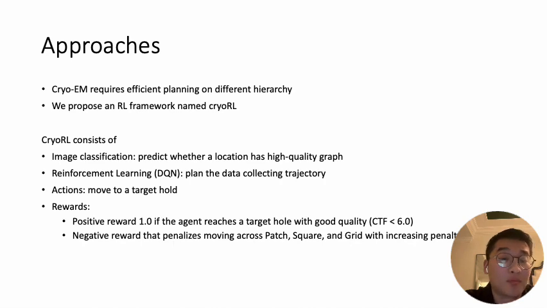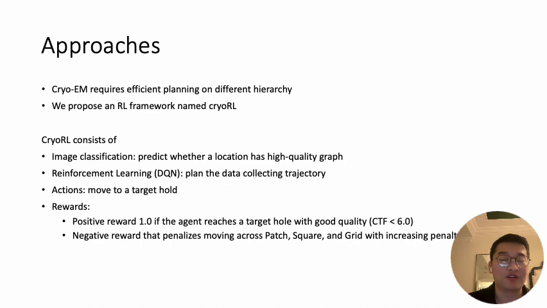Given this in mind, we propose a reinforcement learning framework called CryoRL. CryoRL consists of two parts. In the first part, we first train the image classification model to predict whether each hole level location has a high quality micrograph.